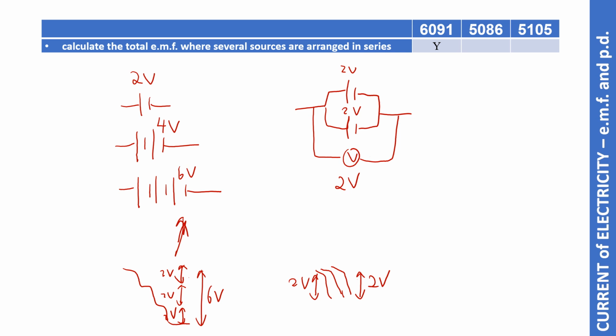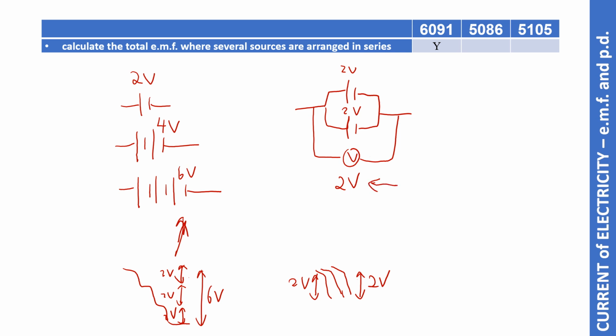So we see this very often in certain appliances, such as, okay, not appliances, but for example, the electric car. Electric vehicles have battery cells placed side by side, providing a constant EMF, right? So in this case, we have 2 volts here.